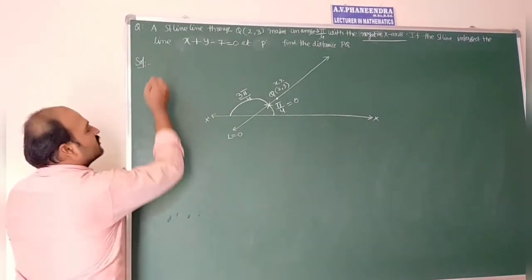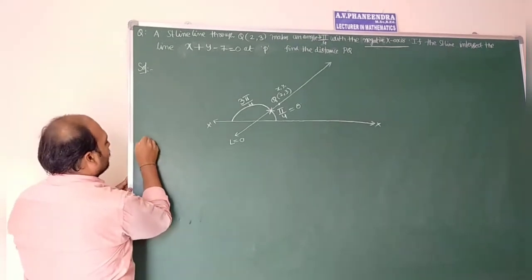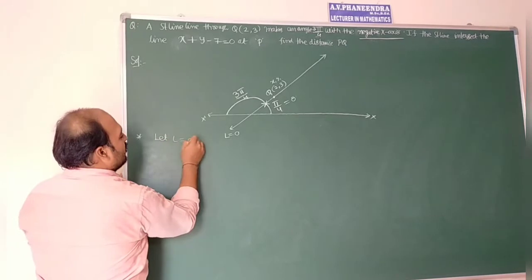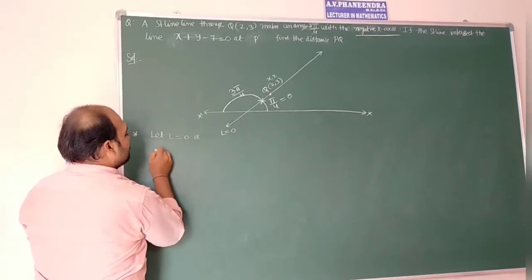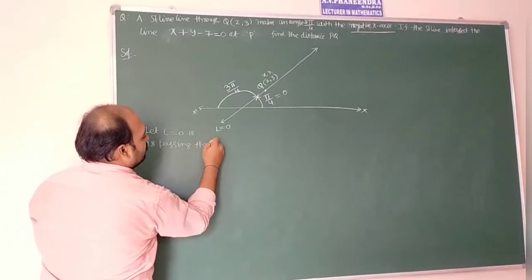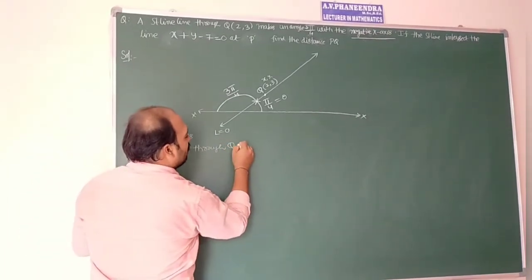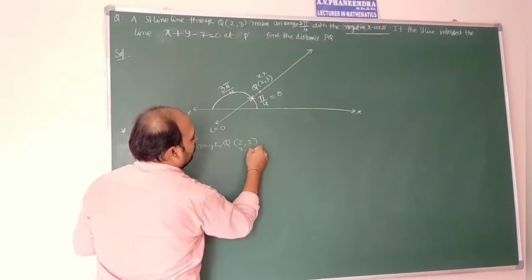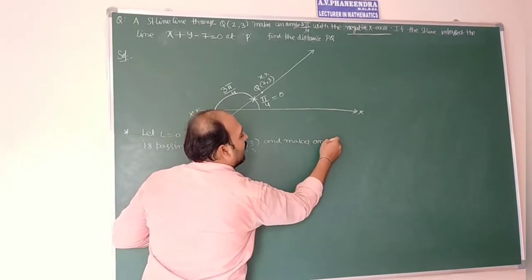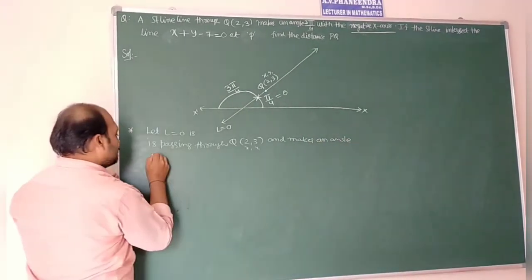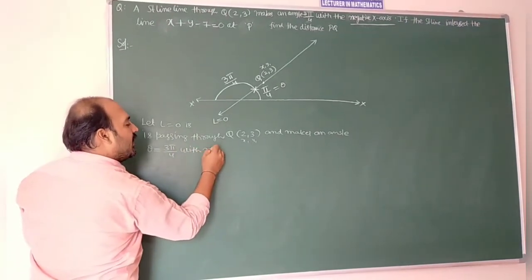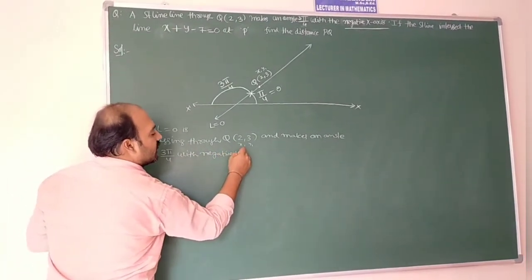So now the same steps we have to follow. First step: let L equal to 0 be passing through Q of 2 comma 3 and make an angle theta equal to 3 pi by 4 with the negative x-axis.